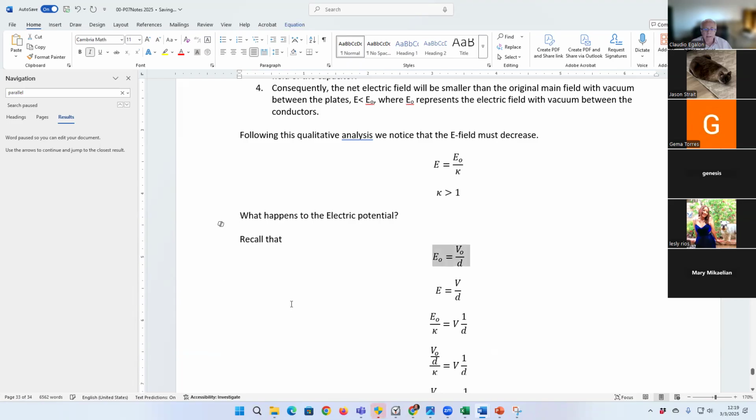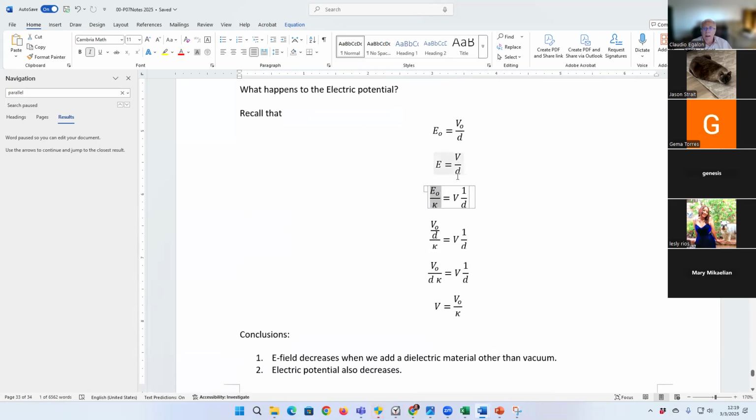Recall that E naught is V naught over d. If E naught is equal to V naught over d, E is also V over d. But E is E naught over K. We still keep the same thing on the right side, just in a slightly different format.